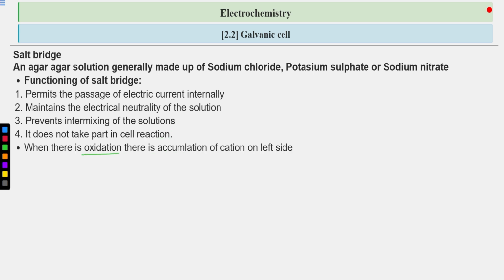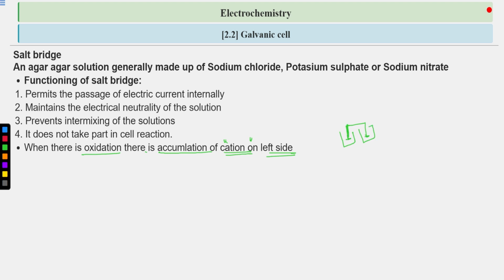When there is oxidation, there is accumulation of cations on the left side. So when there is an oxidation process, releasing of electrons is happening, and there will be accumulation of cations on the left side, that means the left electrode. We have this salt bridge and two solutions, so the left side means this side.